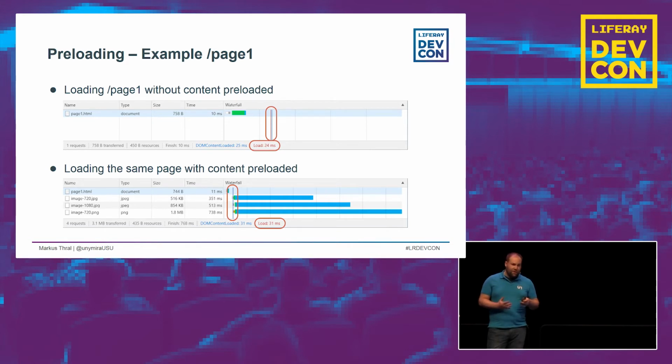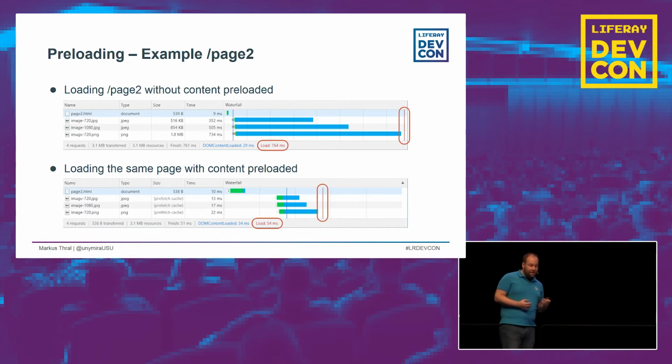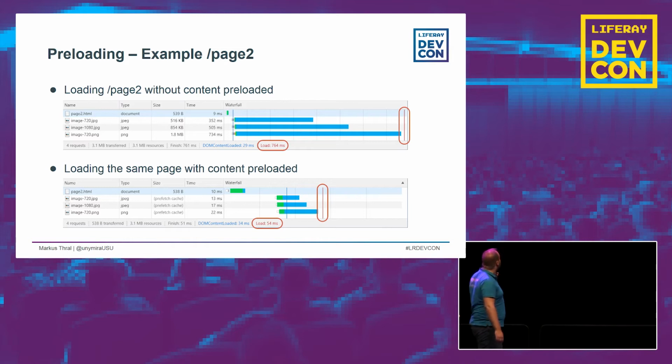If we load the same page with content preloaded, you can see it here. The page is completely rendered and displayed, and the browser starts to preload the images. The page itself is also rendered in 30 milliseconds, almost the same. Okay, if we now navigate to page 2 without content preloaded, the browser has to load the 3 embedded images, and the total loading time is about 760 milliseconds, quite long.